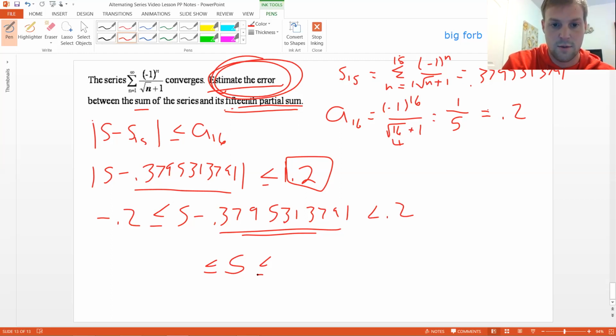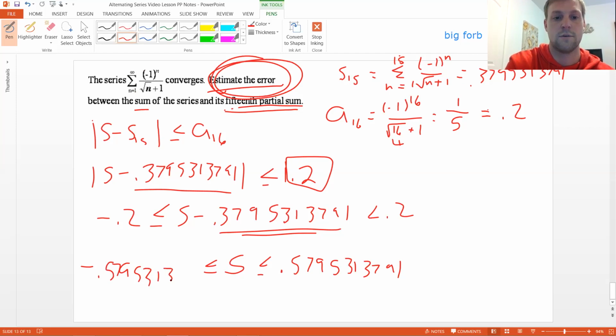Isn't that just going to be 0.57953133791? And if I subtract it, wouldn't that be negative 0.5795313? I don't know. But anyway, you can check that.